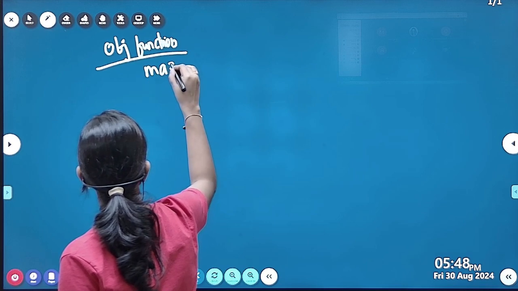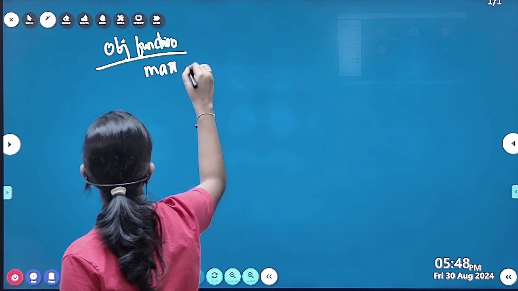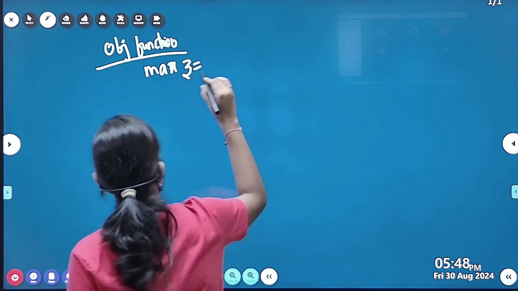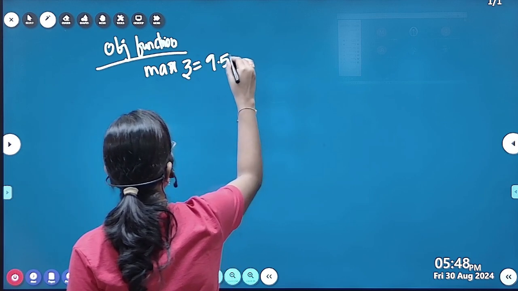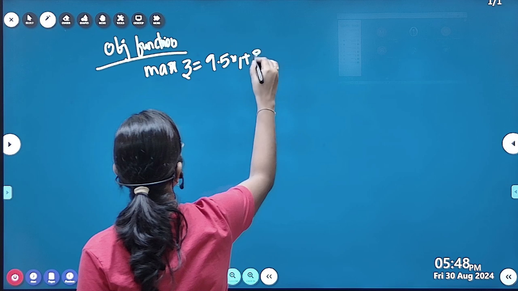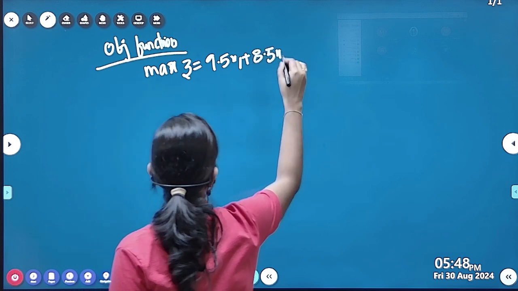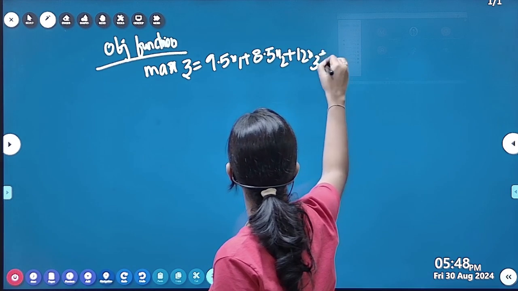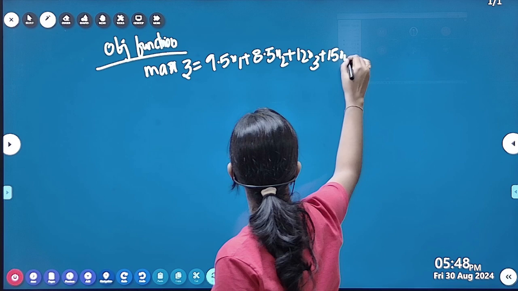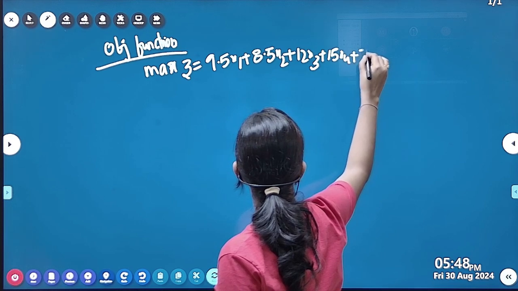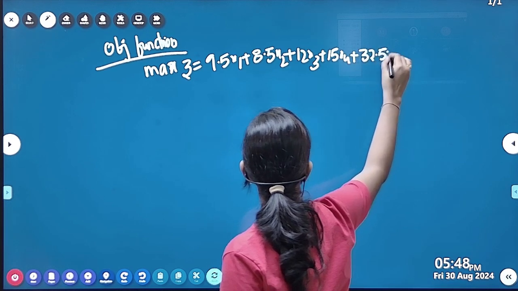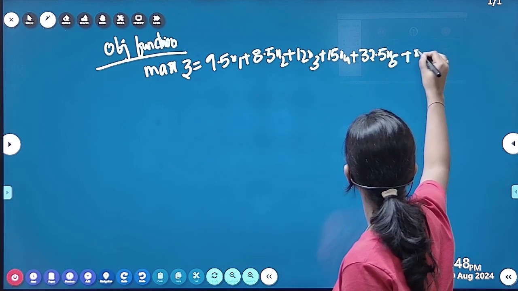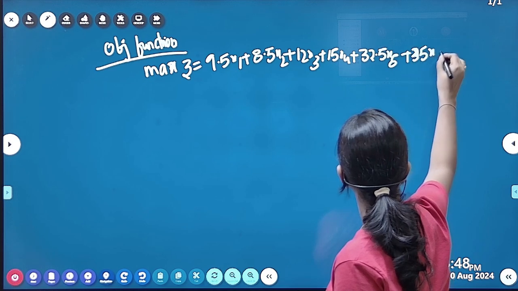Maximize or minimize? Maximize Z is equal to 9.5x1 plus, 32.5, 35.